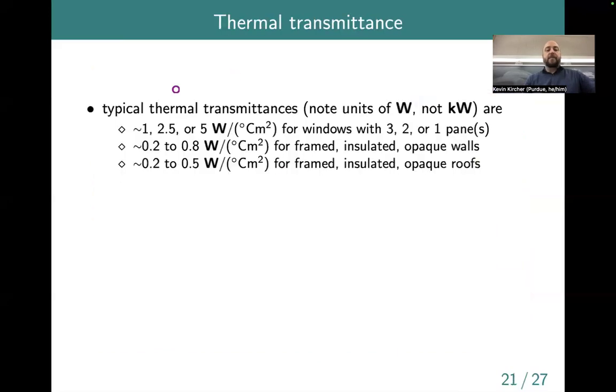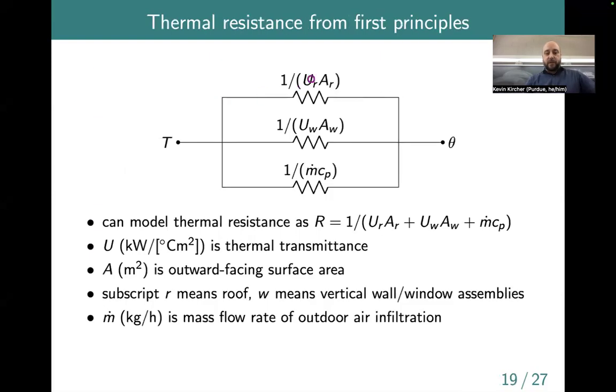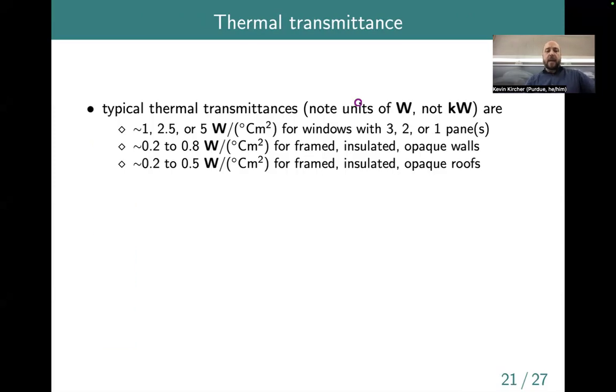Okay. So let's talk about what the U and therefore the R values look like for different materials. So the thermal transmittances, and this is the thing U that shows up in these equations here, these values tell you what the thermal resistances in the circuit are. So typical values of thermal transmittances for a triple pane window might be on the order of 1.